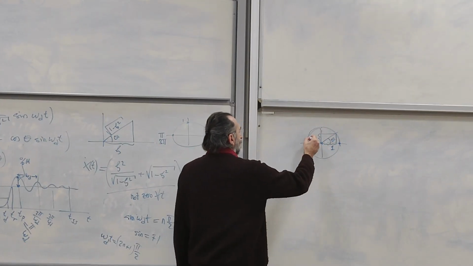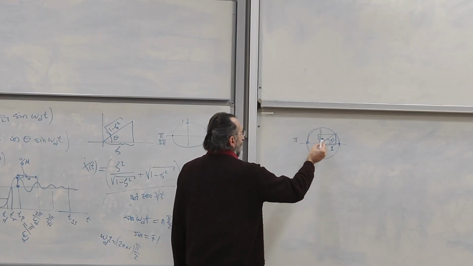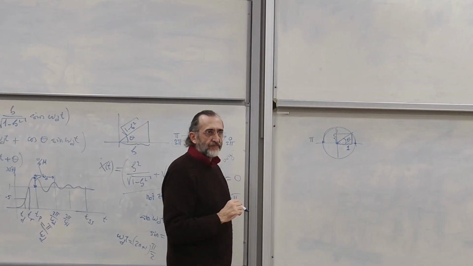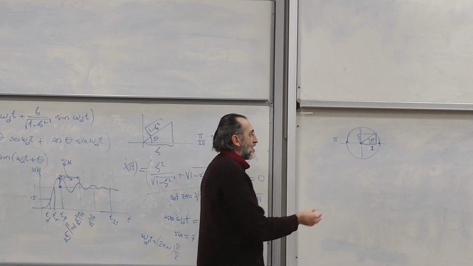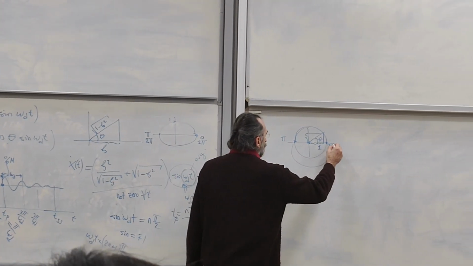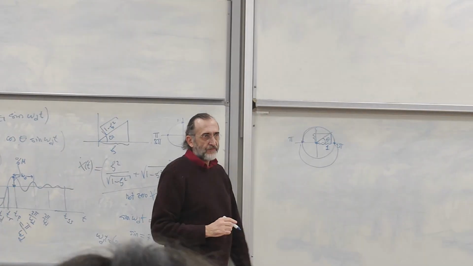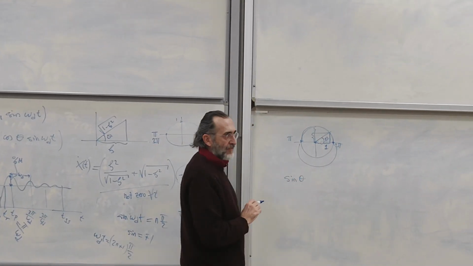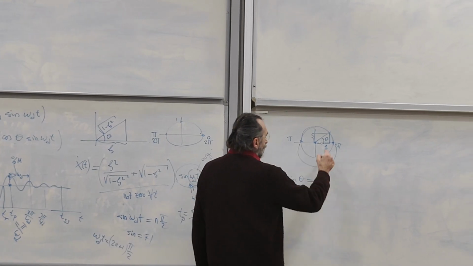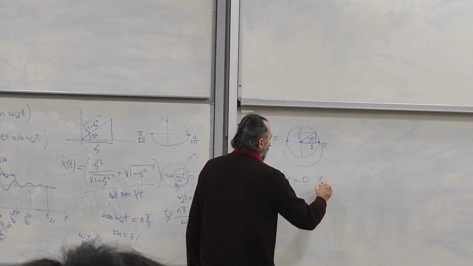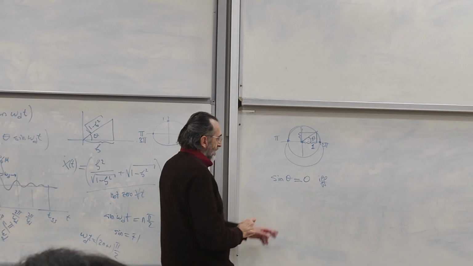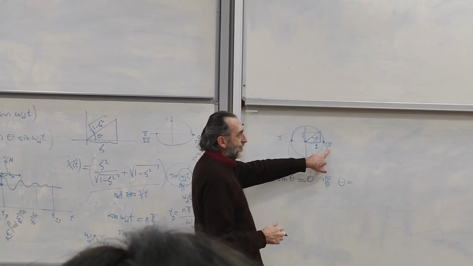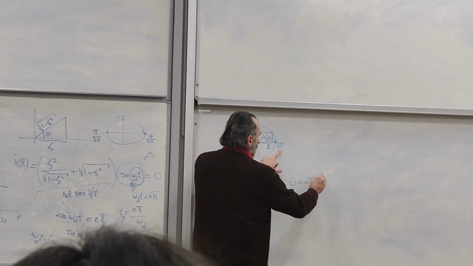When the angle turns around and becomes pi, the sine is again 0. When it turns around and becomes 2 pi, the sine is again 0. So whatever the angle is, sine theta is equal to 0 if and only if theta is an integer multiple of pi.